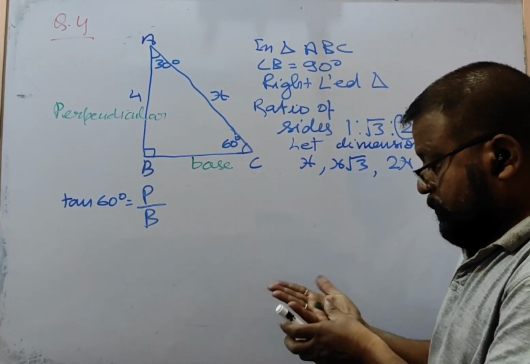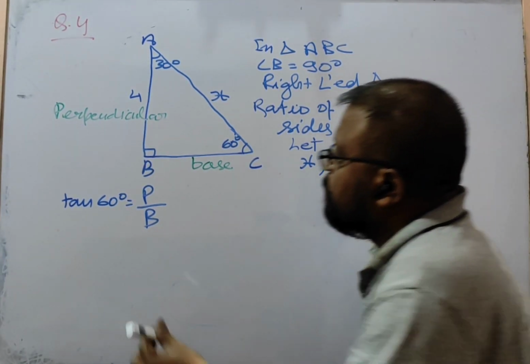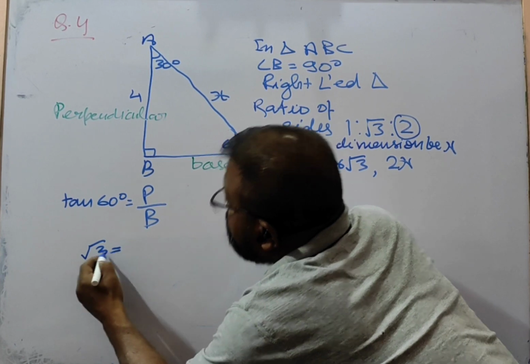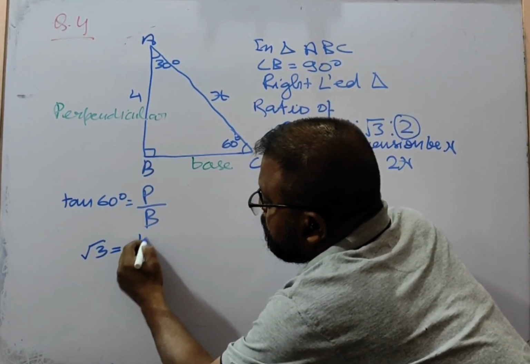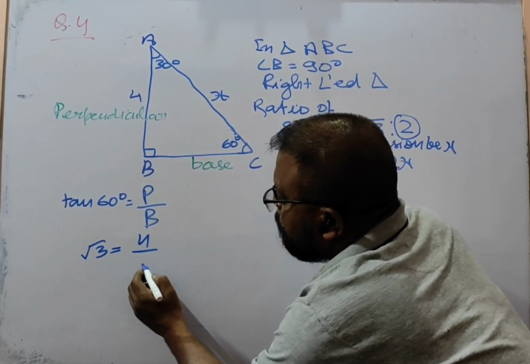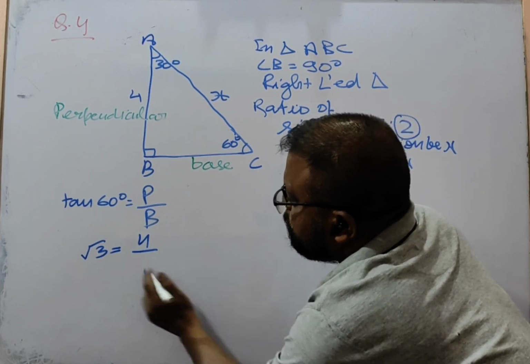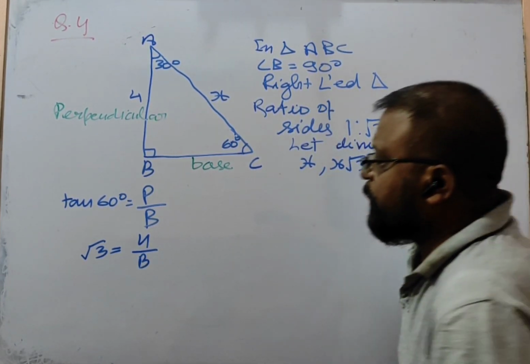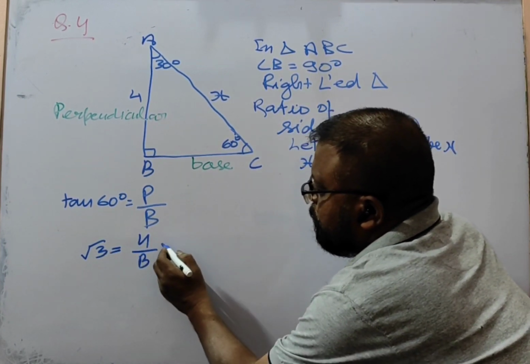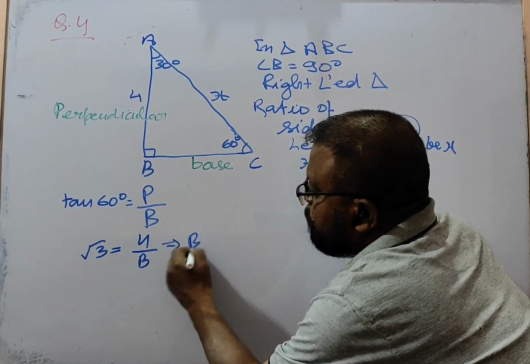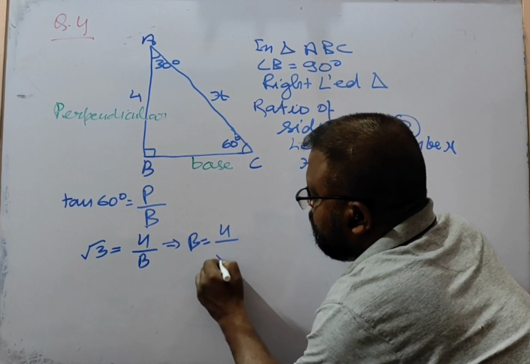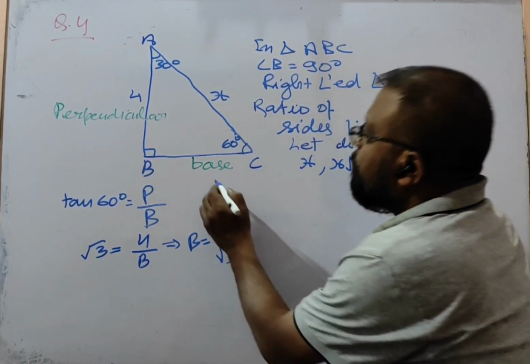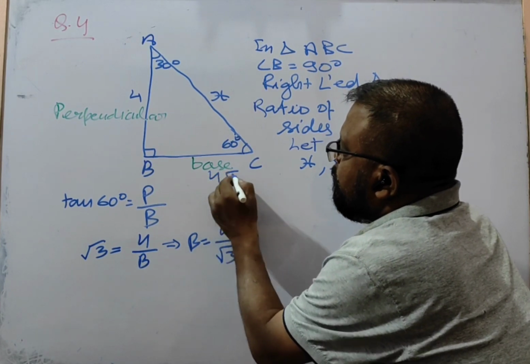So tan 60 is root 3 is equal to perpendicular 4 upon base b, right? So we interchange it and we get base is equal to 4 by root 3, right? So now we get this is 4 by root 3.